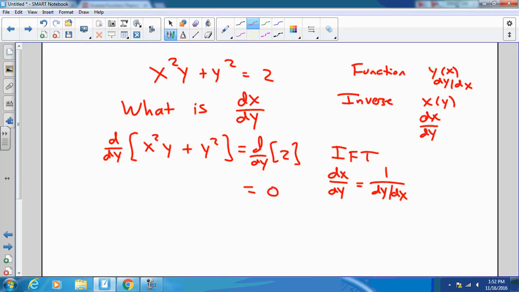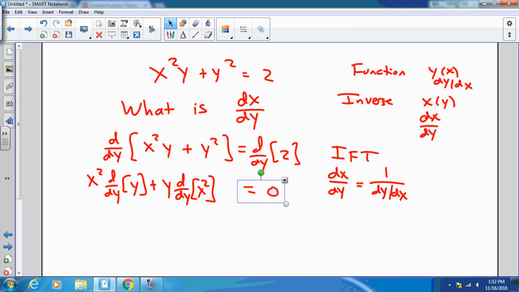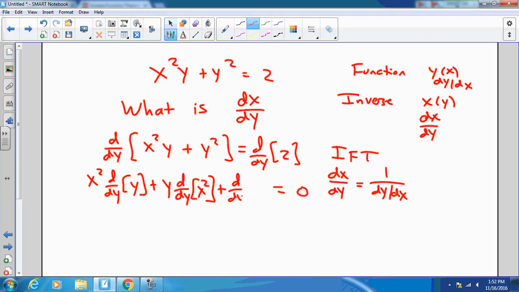On the left-hand side here, product rule again. So we're going to have first times the derivative of the second, plus the second times the derivative of the first. And then I need a little more room, plus dy of y squared.